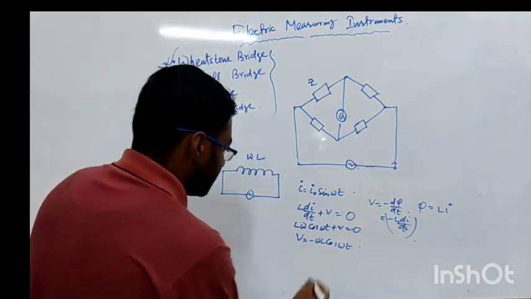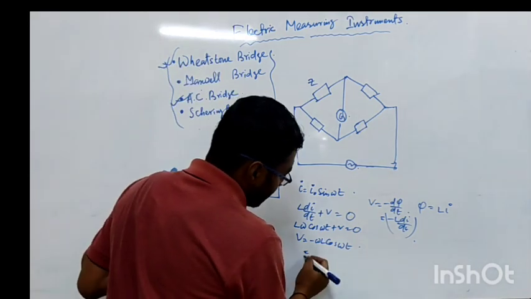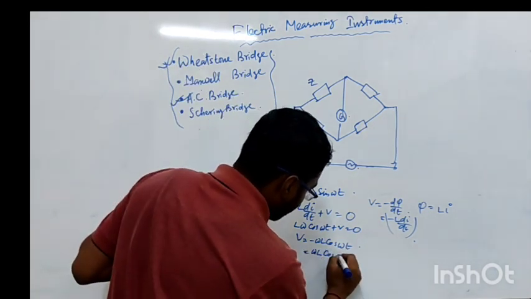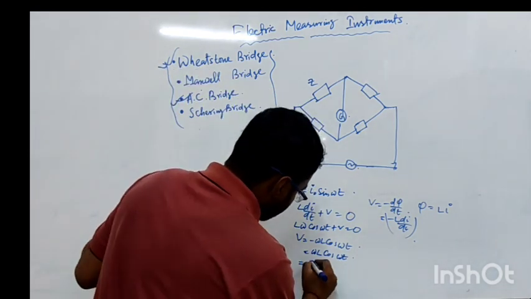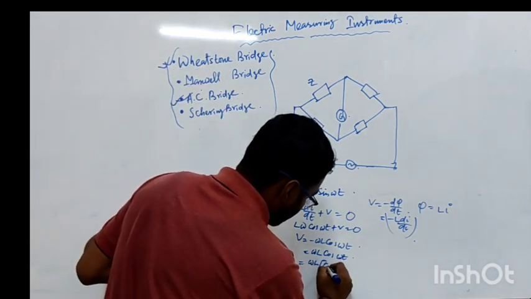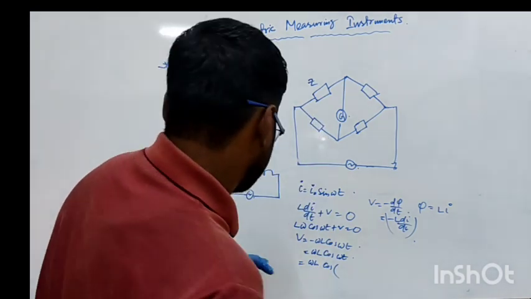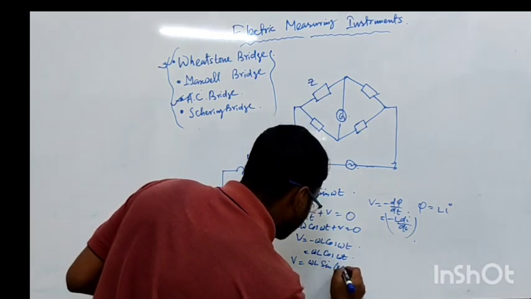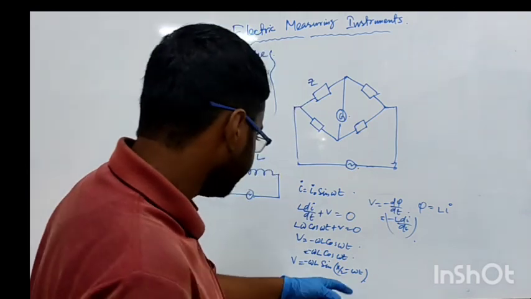That means if we multiply by minus, it will be omega L cos of omega t, and omega L cos of, sin of 90 minus omega t.